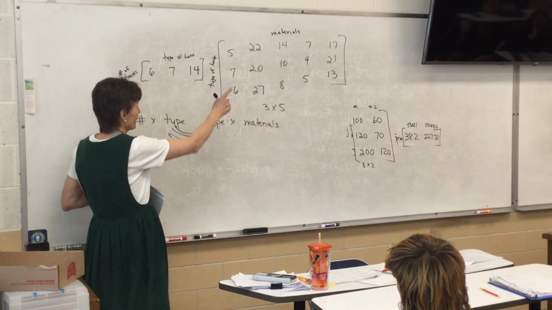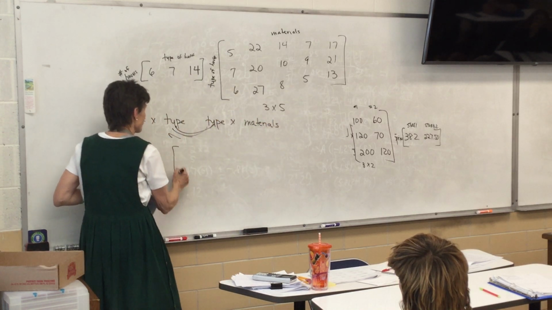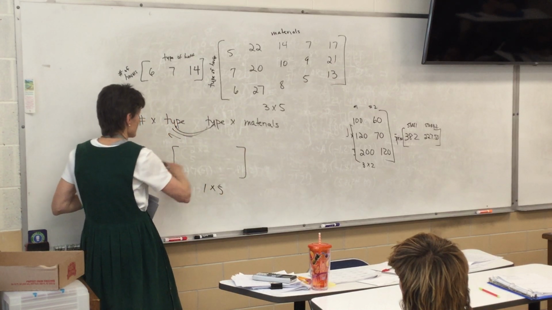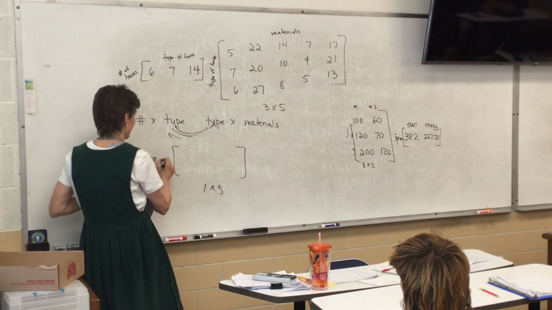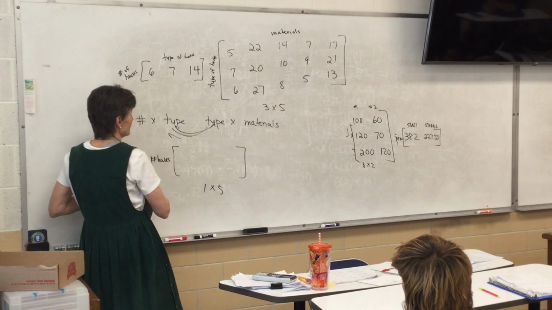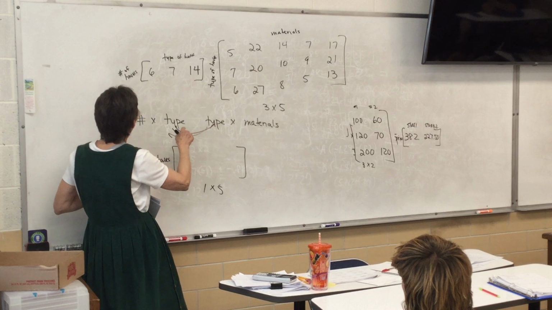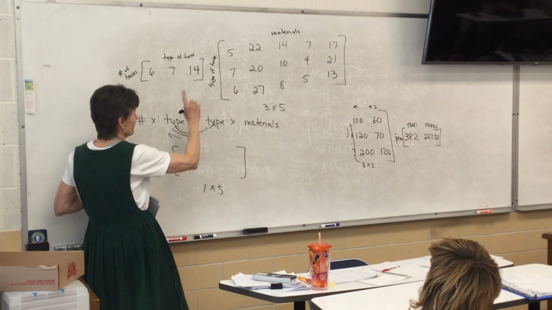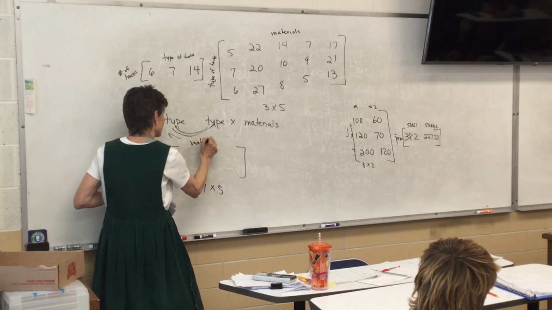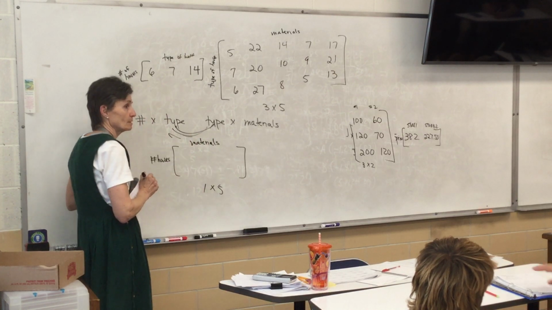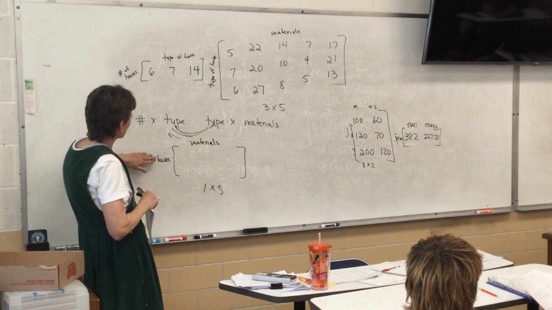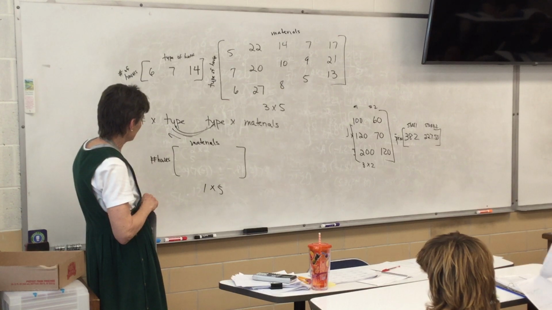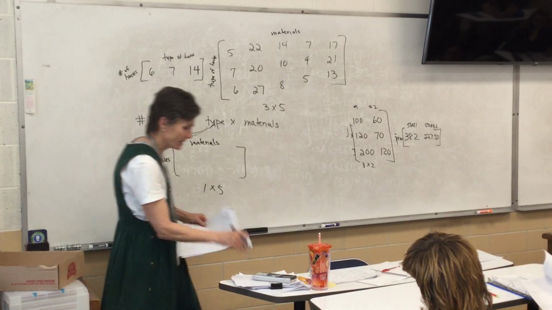So I'm going to end up with a matrix that is 1 by 5, and its columns are going to be the materials. So actually, is that what I want to do? I'll just multiply it and see what happens.